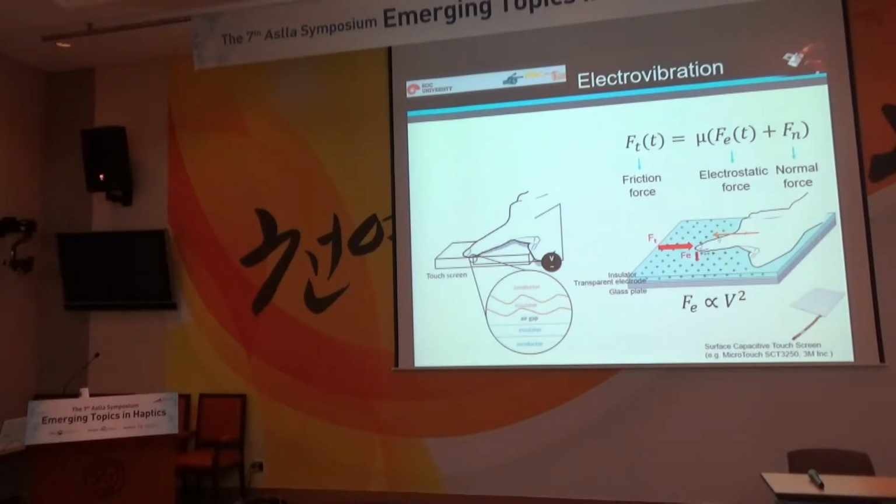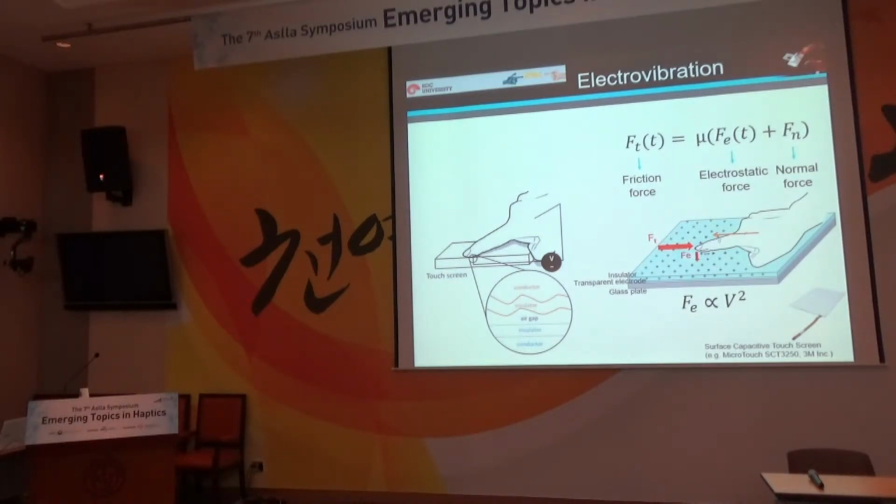So if you look at this diagram, you have a conductive layer on the touch screen side and a conductive layer on the finger side, so you have this parallel plate capacitor effect. If you apply voltage to the conductive layer of the touch screen, this is how you generate the electrostatic forces between the finger and the touch surface.